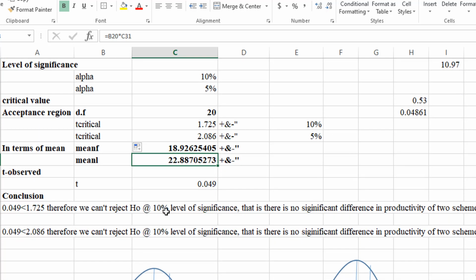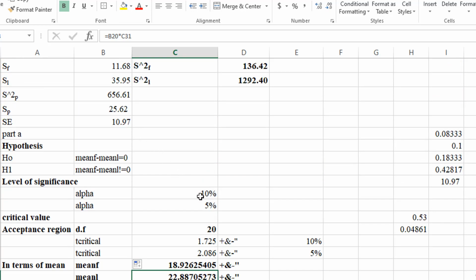Now come to the T calculated or observed. Here the T observed is 0.049. It is obtained by (x bar minus y bar) minus (mu x minus mu y), or mu F minus mu L, which is equal to 0, divided by SE, which is equal to 10.97.